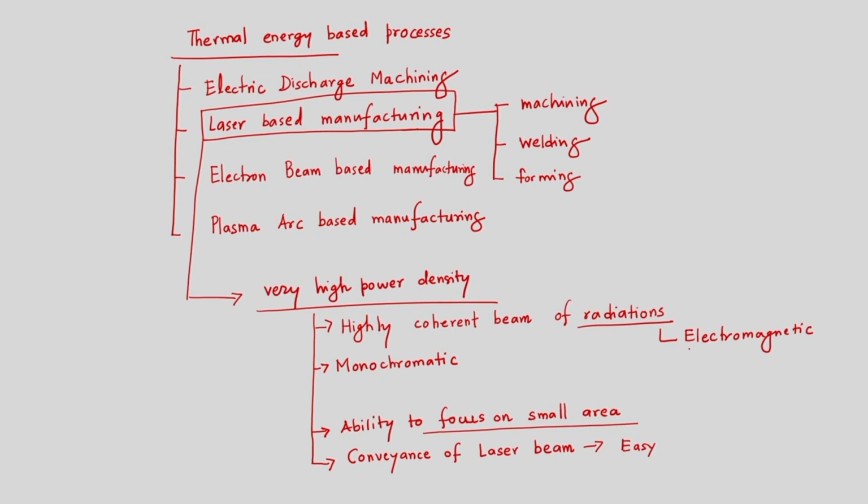Then you will say that these electromagnetic radiations are also available in the general sources of light. The major source of light is sunlight. We are having sunlight, we are having fluorescent tubes or bulbs, or a very simple incandescent bulb which we are using for illumination purpose mostly.